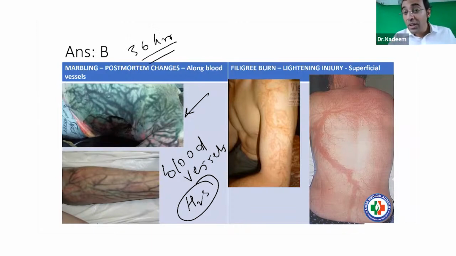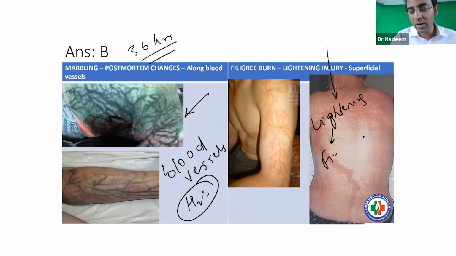Okay, fine. What about this one? This is superficial. Only epidermal. So this will be seen in lightning burn. This can be your picture-based question. Lightning burn. Where you are going to see which type of pattern?